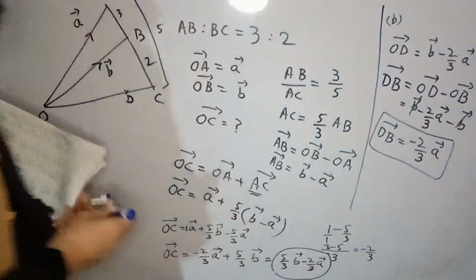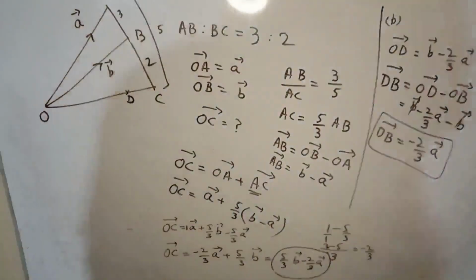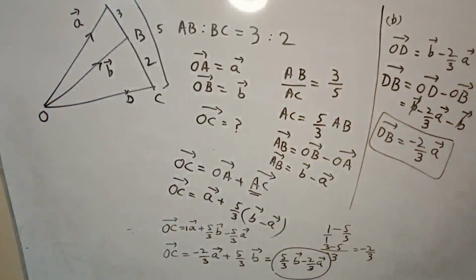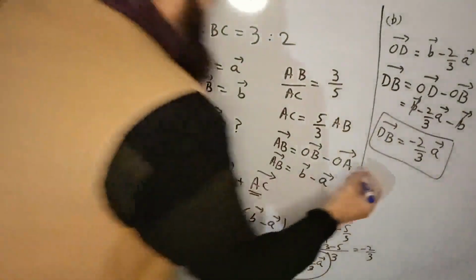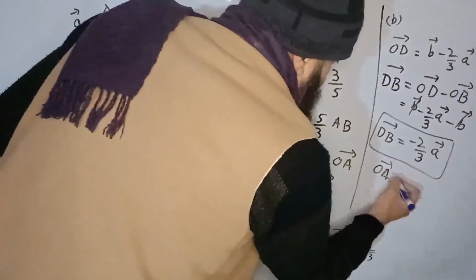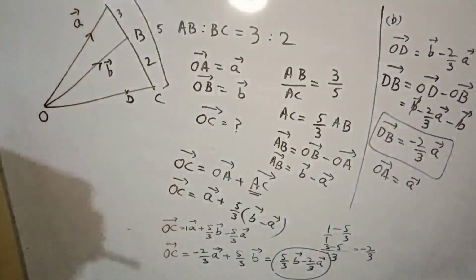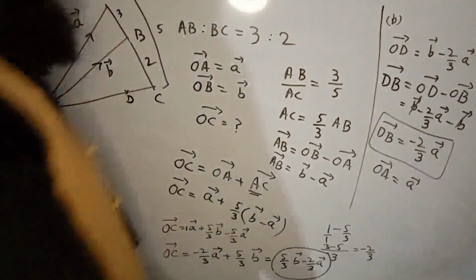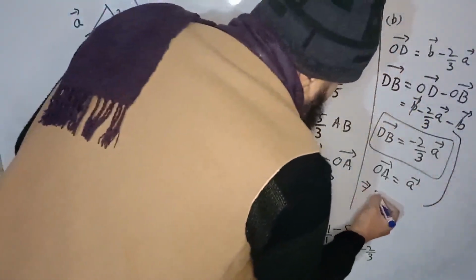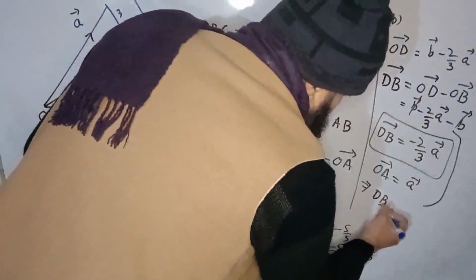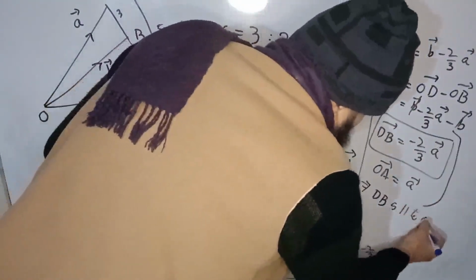When two vectors are scalar multiples of each other, then they are parallel. It means that OA, which was equal to A, and DB, which is equal to minus 2 over 3A, are parallel to each other because DB is a scalar multiple of OA. So this shows that DB is parallel to OA.